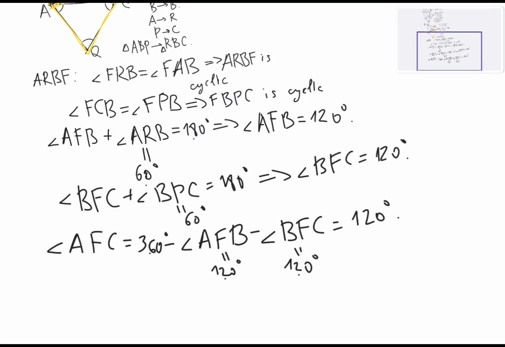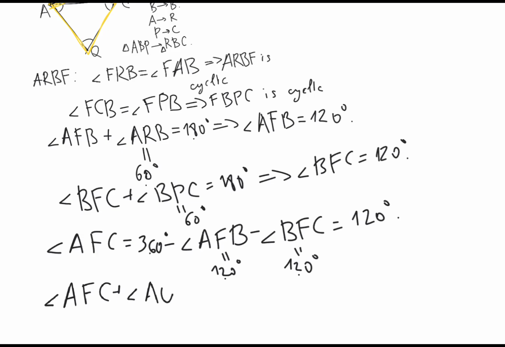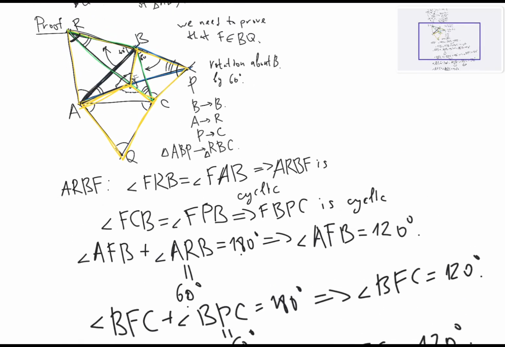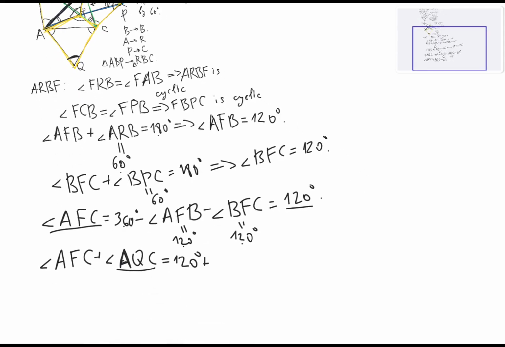So the angle AFC plus the angle AQC is equal to what? AFC we just calculated, this is 120, and AQC is simply 60 because it's an angle in an equilateral triangle.